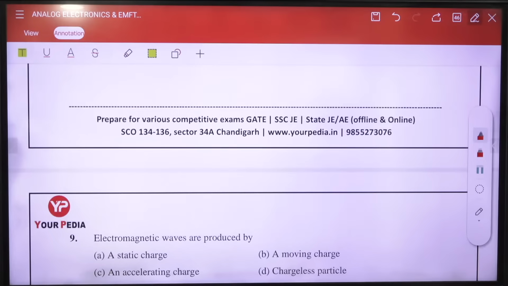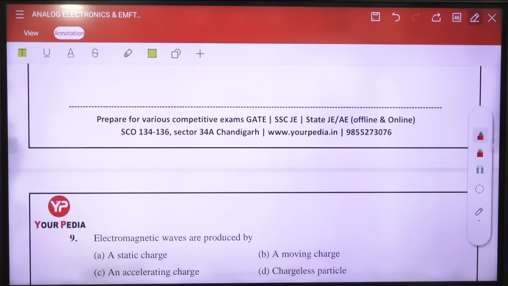Electromagnetic waves are produced by what? Electromagnetic waves are generally produced by accelerating charge or moving charge. Tell me the answer between these two. Accelerating charge. Very good. The answer is accelerating charge. Why not moving charge?